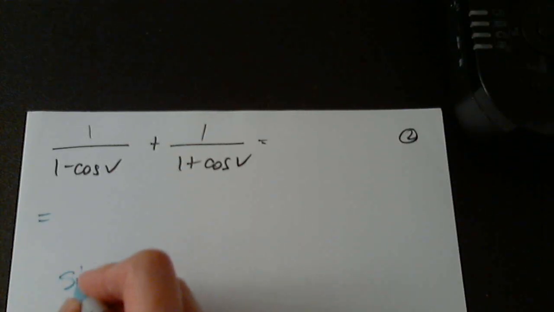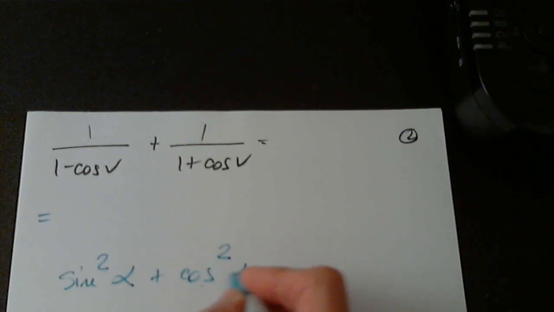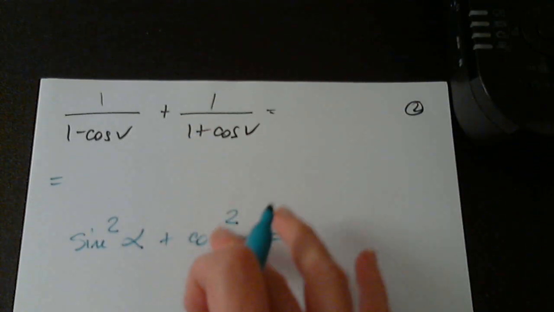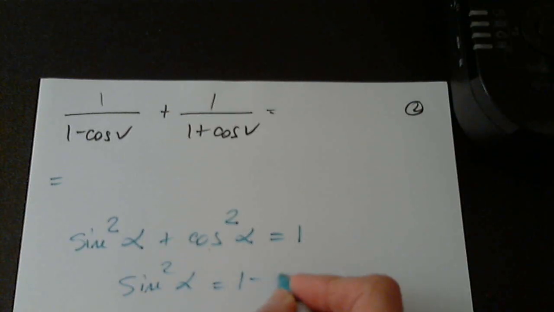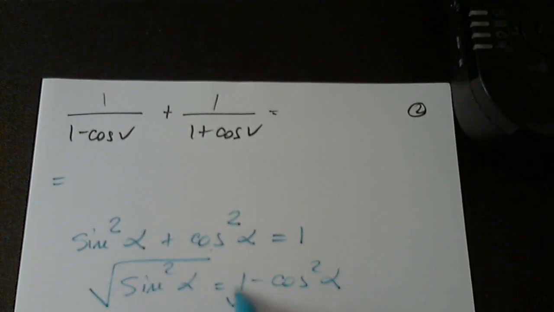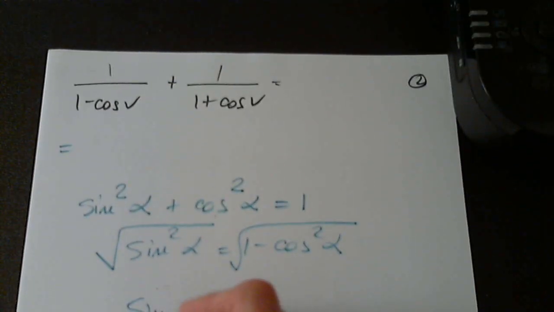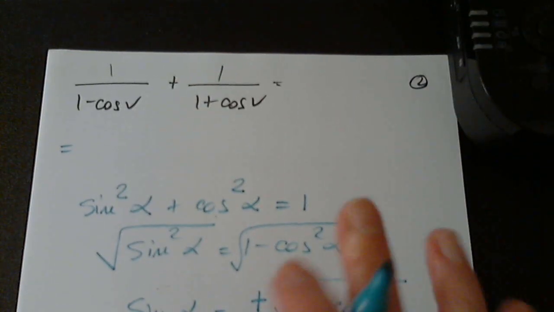So we know that sine squared alpha plus cosine squared alpha equals 1. If we want to solve for sine, we move cosine squared to the other side. And we have to take the square root from both sides. And then sine alpha equals plus or minus the square root of 1 minus cosine squared alpha.